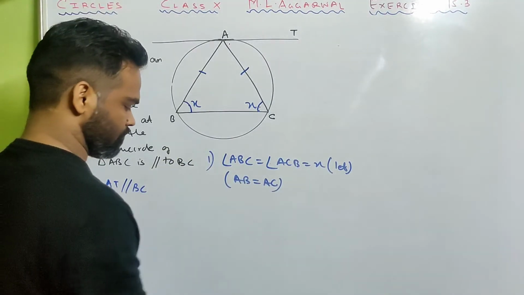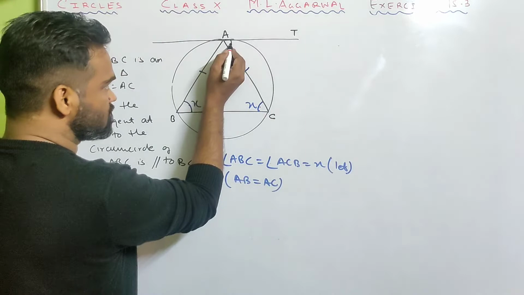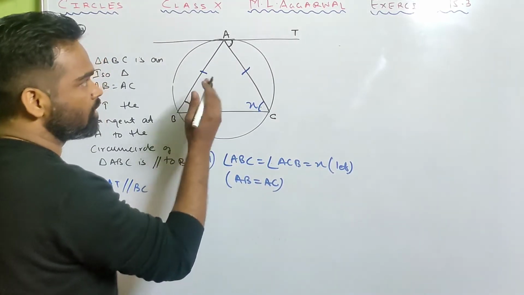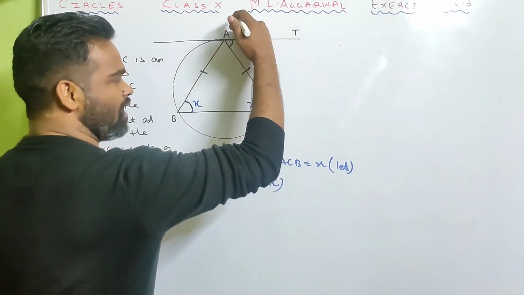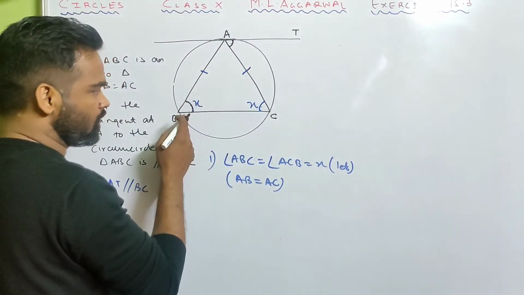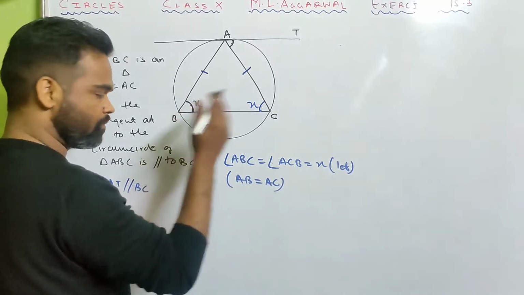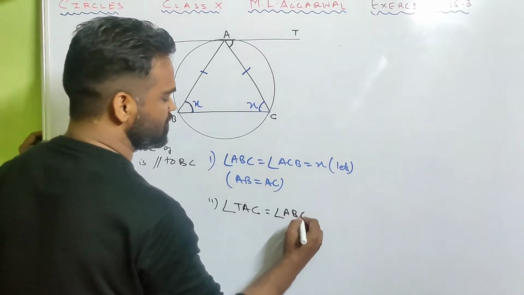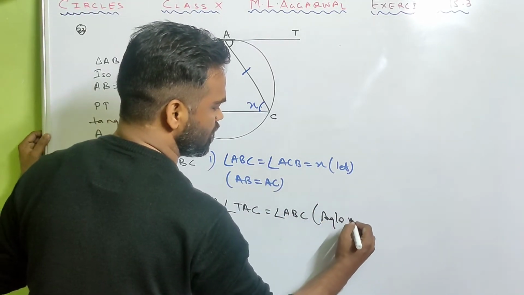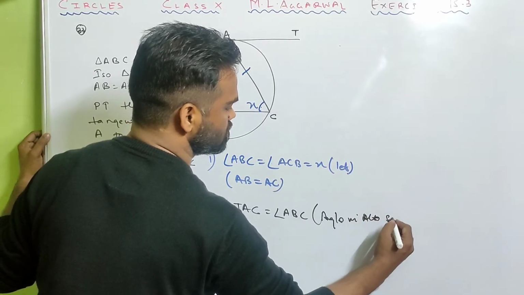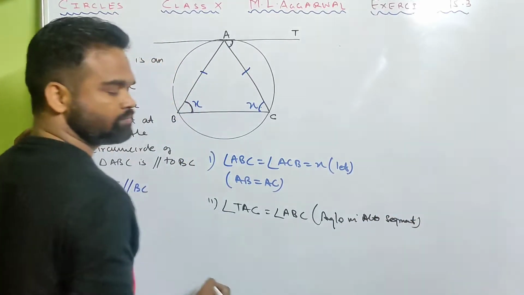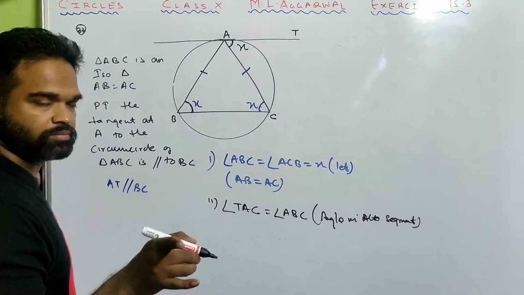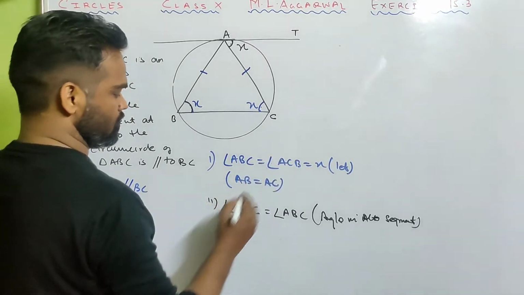Now look carefully. This angle, try to understand, and this angle will be equal. The angle formed between the chord and the tangent is equal to the angle in the alternate segment. Which means, can I write angle TAC is equal to angle ABC? Angle in alternate segment. Yes or no? Which means if this is X, this is X. Now look carefully. Third step.